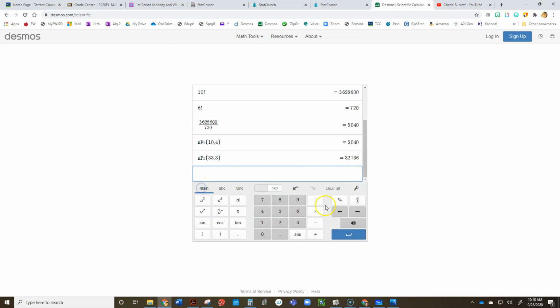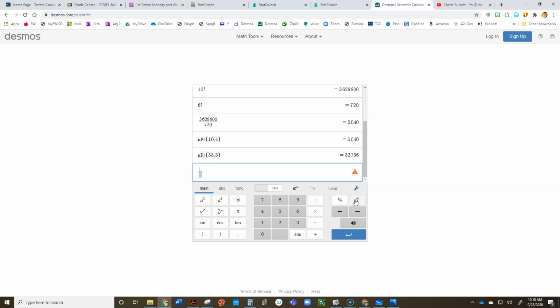go back to the main menu. There's my fraction bar. And then do 11 factorial on top, and then divide it by 4 factorial. And I don't know if you have to do times or if times is implied.